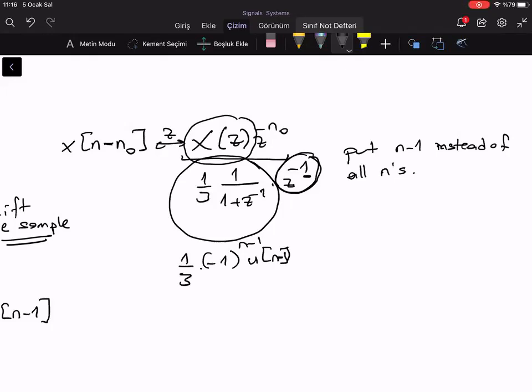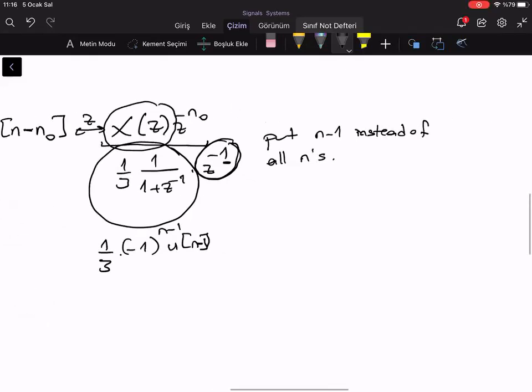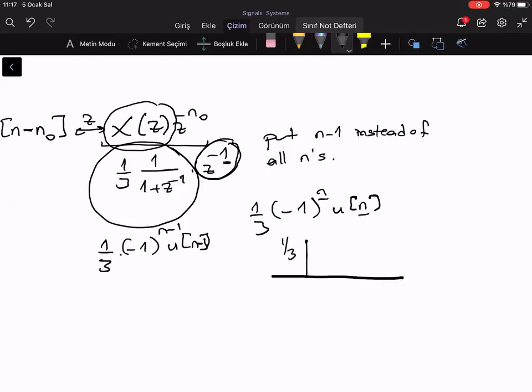So you see, normally what was my function? 1 over 3, minus 1 to the power n, and u of n, right? So this is a function of n. How do I plot this function? At 0, it is 1 over 3. At 1, it is minus 1 over 3, right?